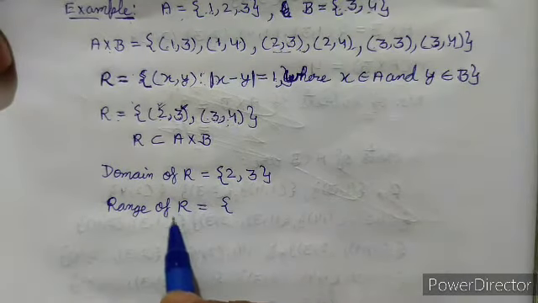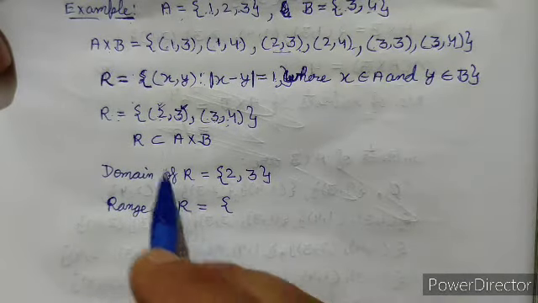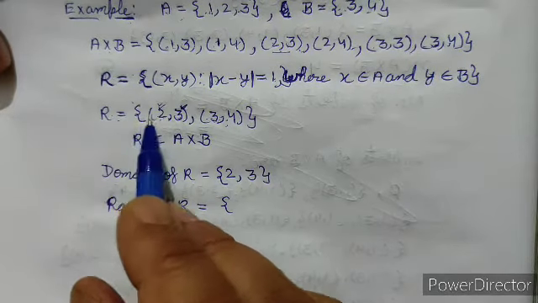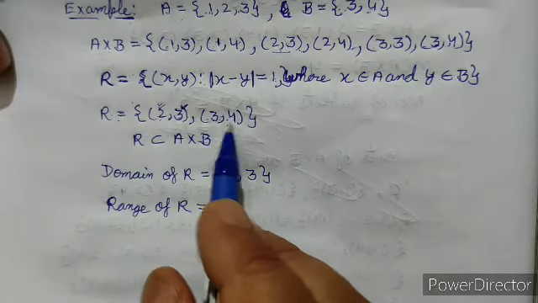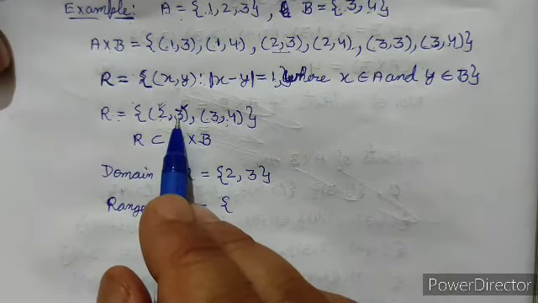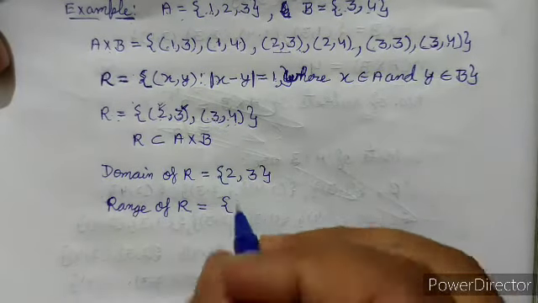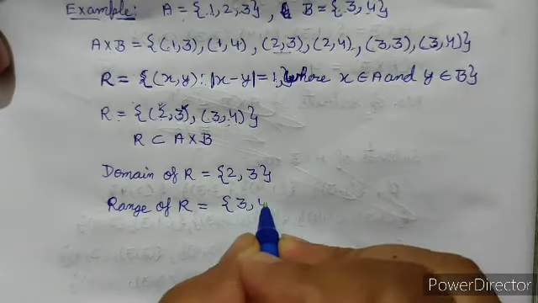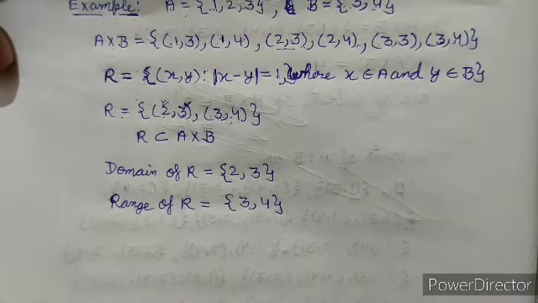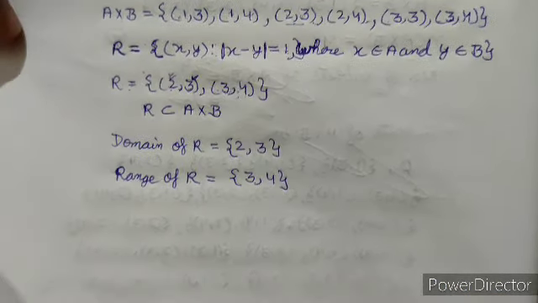Now second was range of R. Range of R will be the set of second elements in the ordered pairs. Now here in relation R, the second elements of the ordered pairs are 3 and 4. So the range will be {3, 4}, the set of elements 3 and 4.